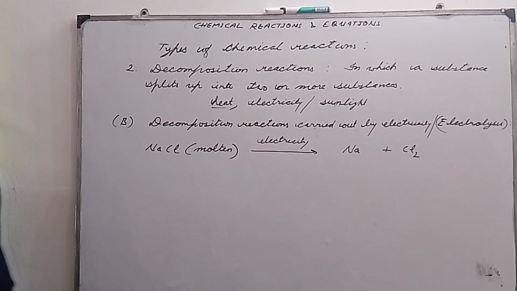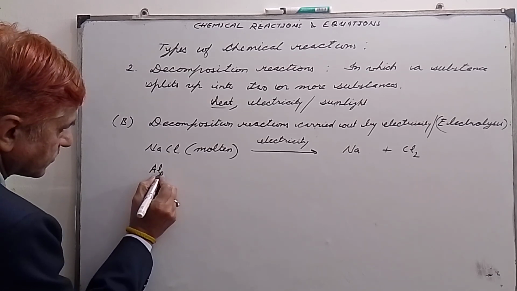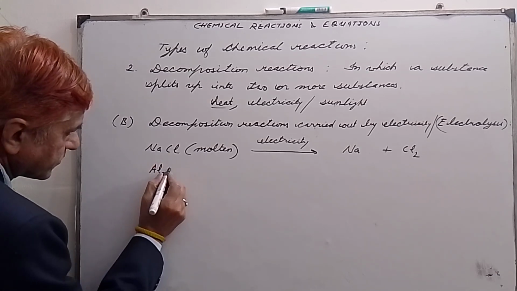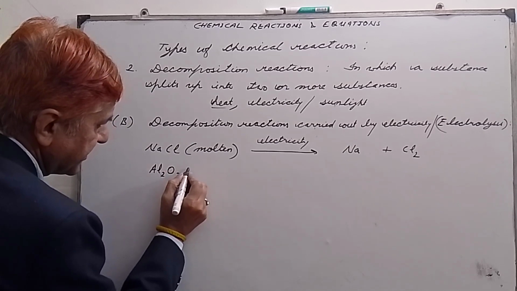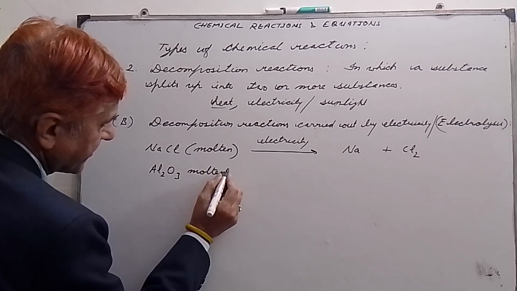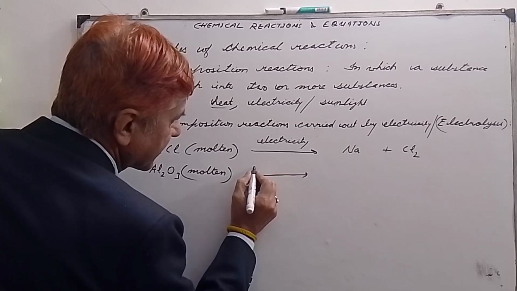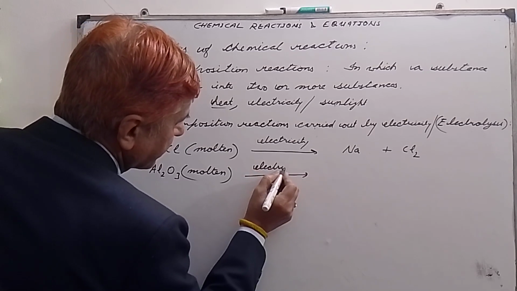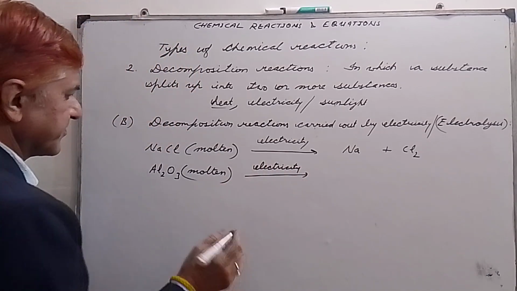Let's take another example. Aluminium oxide. This also we take in molten form. Decomposition by electricity, electrolysis.